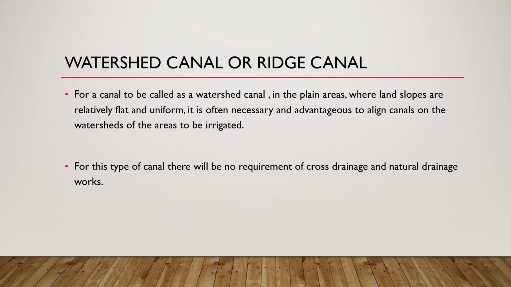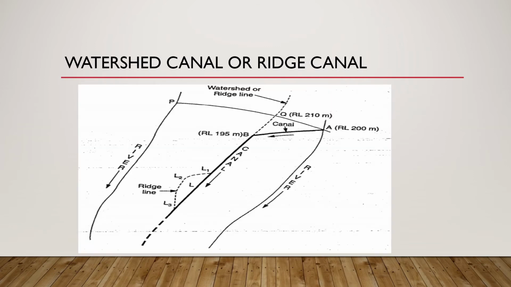In this slide you can see a ridge canal. At the top portion you can see a ridge point, which is mentioned with the infinite arrows, and it is marked as the watershed or a ridge line. It is going to get attached to this canal, and it separates two different river streams.